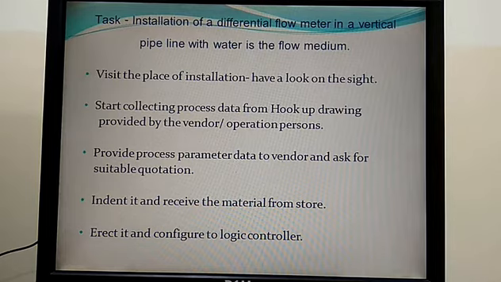Next, whatever data you have collected, give it to your vendor, and they will accordingly give you the drawing on the basis of that required data. After providing data to the vendor, they will give you a drawing. You have to confirm that drawing, whether it is right or wrong.